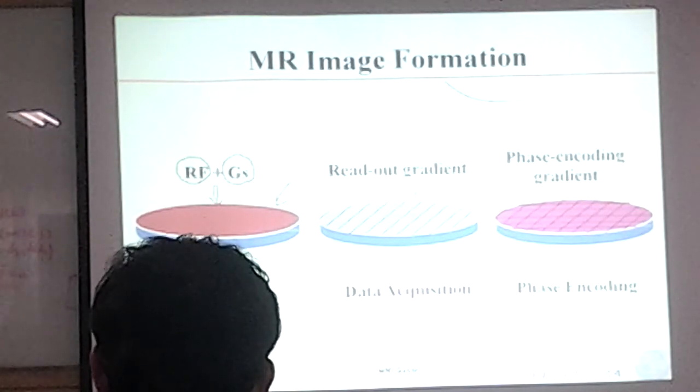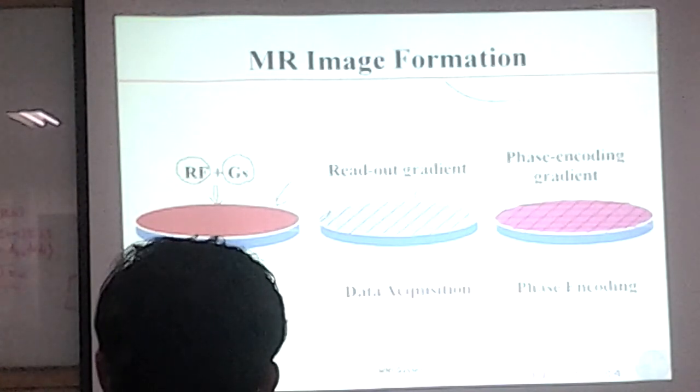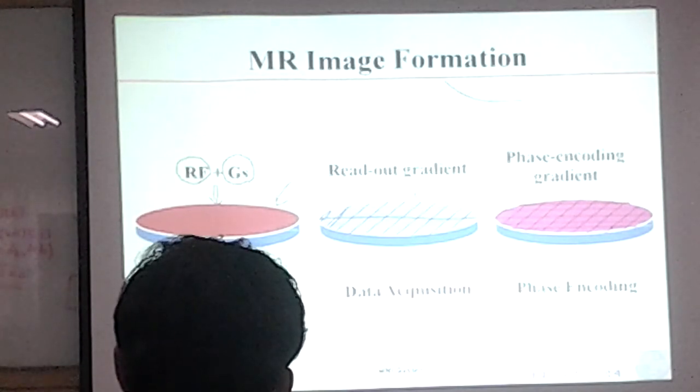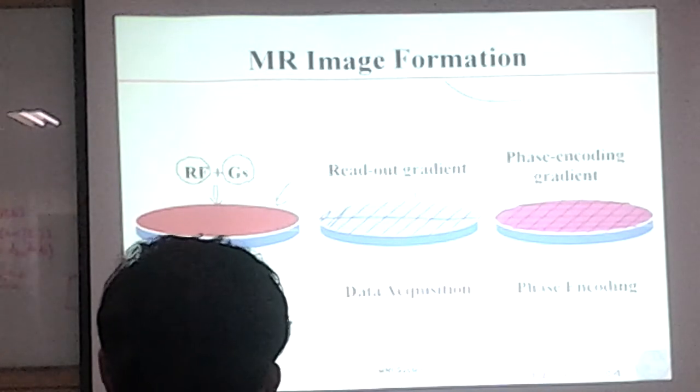After that, we resolve the spatial information in this direction. That can be done using the readout gradient, which we sometimes call the frequency encoding gradient.